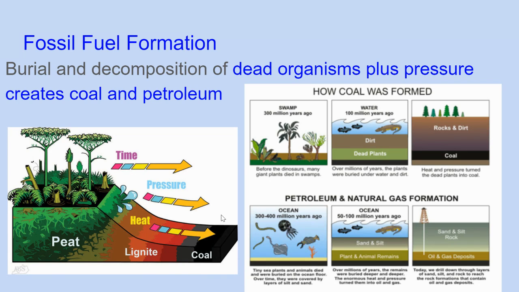And those things, coal and petroleum oil, are fossil fuels. So we think of them as non-renewable resources because it takes a really long time, a lot of pressure, and a lot of heat over time to turn a living thing into coal or petroleum oil that could be used to fuel neighborhoods and to fuel cars and things like that. It takes a long time for that to happen.